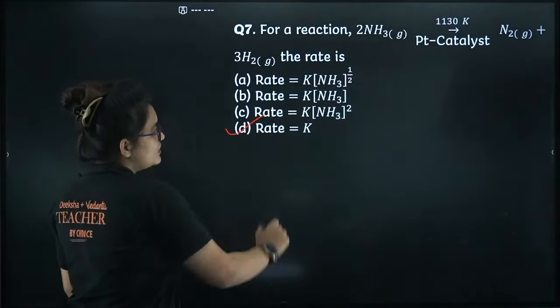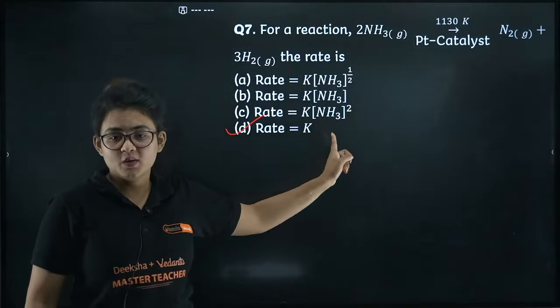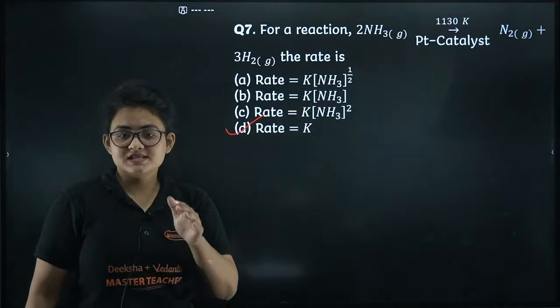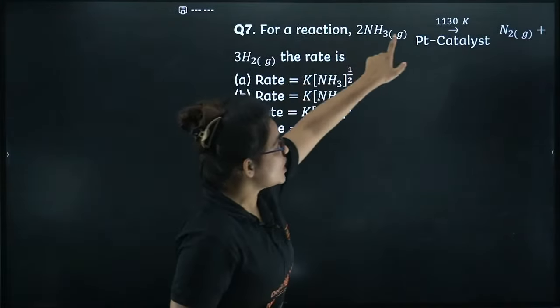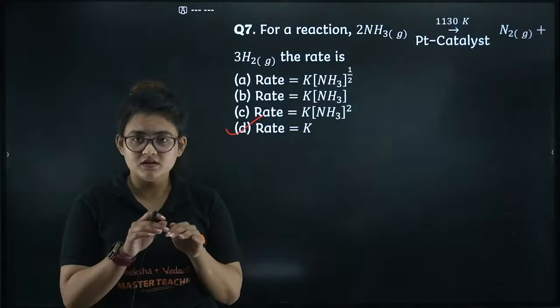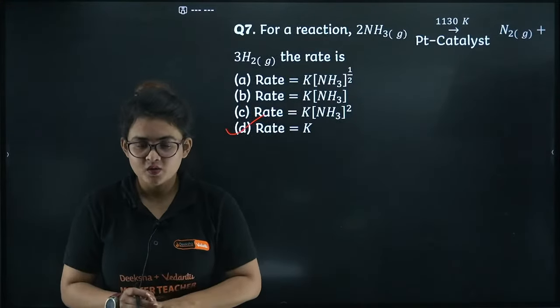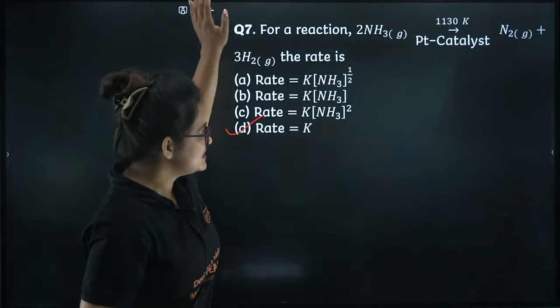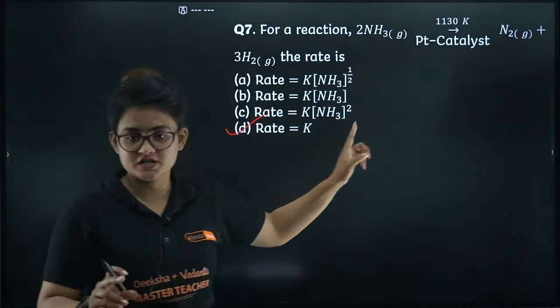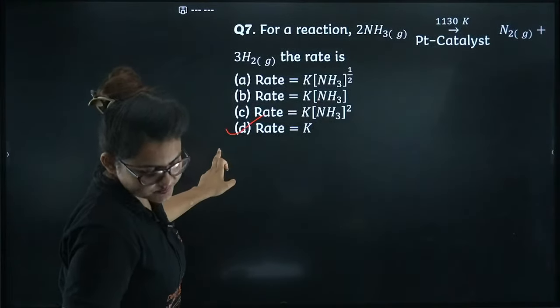Okay, it's a zero order reaction, means NH3 power 0 means 1. Otherwise, if it was not mentioned that it is on any kind of metal surface, then it's a second order reaction. Okay, so by default it says that it's a zero order reaction, it's an experimental fact. Okay, let's proceed further.